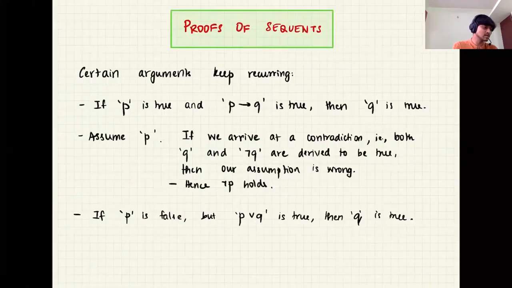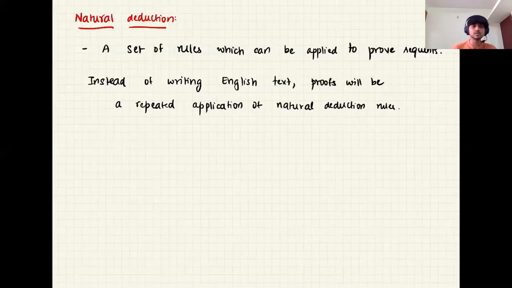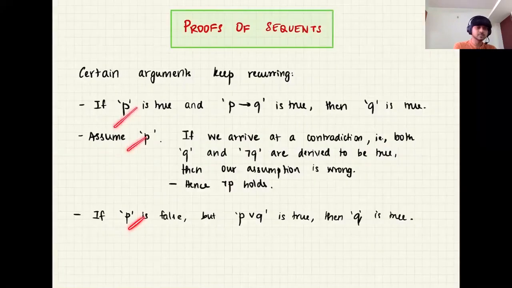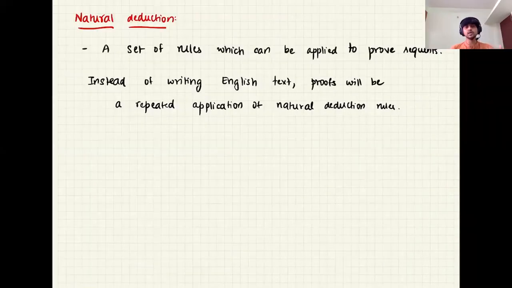That is the goal of natural deduction. Instead of writing a proof using English text, proofs will be a repeated application of certain rules which will look like this. And we should be able to prove sequents. This is the main motivation behind natural deduction rules.